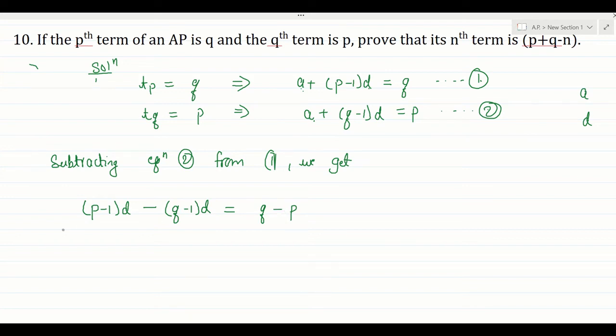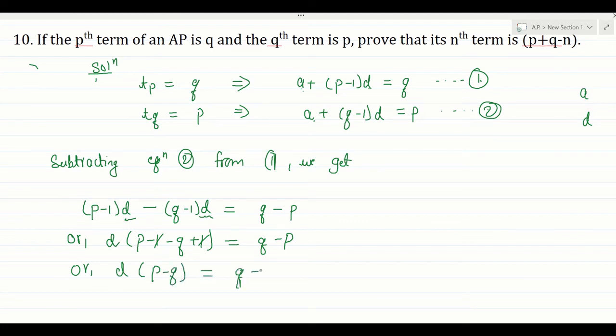Is this clear? d is over here, d is over here, that can be taken common. So d is common and then we are left with (p − 1 − q + 1) equal to q minus p, or d as it is, minus 1 plus 1 cancelled, we are left with (p − q) equal to q minus p. Is this clear?